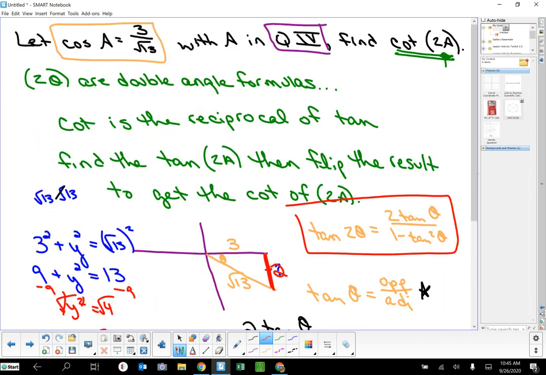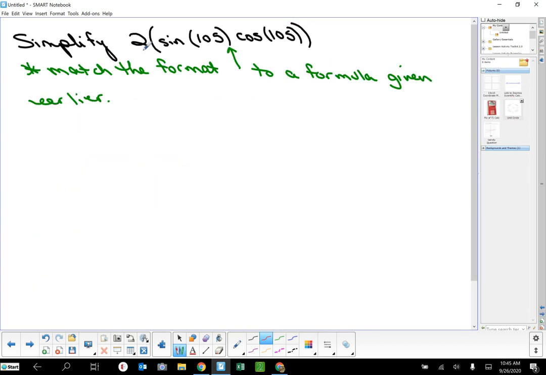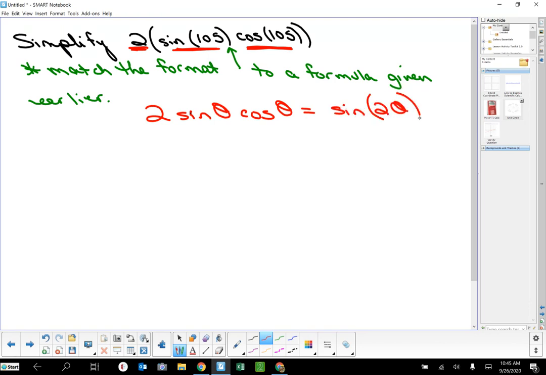I'm going to flip back to this page we're on. 2 sine of an angle, cosine of an angle, and it's exactly the same angle, right? So 2 sine theta cosine theta equals sine of 2 theta. That's that entire formula.